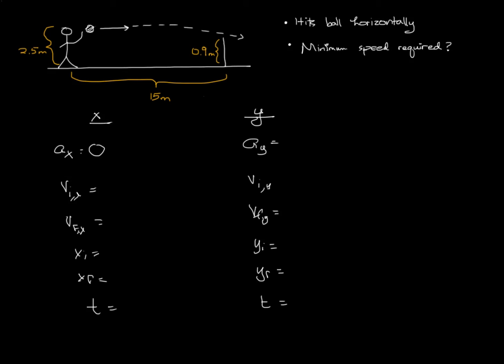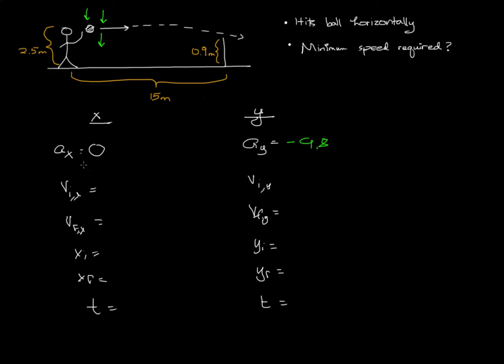On the other hand, gravity is this mysterious force in the universe that is always causing objects to accelerate downwards at a rate of 9.8 meters per second squared, and since it's down, it is negative. So gravity is acting on this ball, and that ball will therefore accelerate downwards at a rate of negative 9.8 meters per second squared. All right.